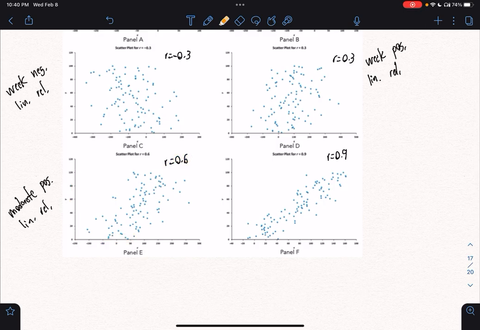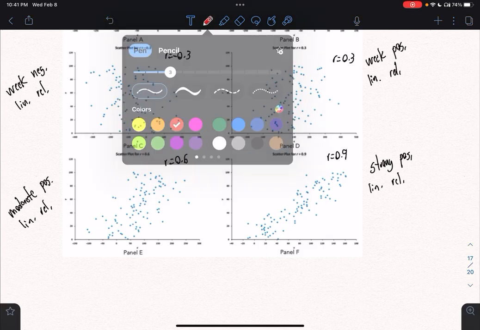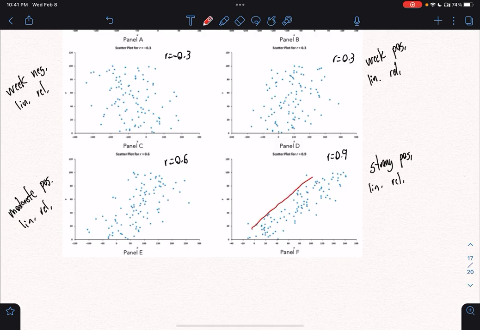And then even more extreme, we're seeing as x increases, y increases. And we get a correlation value of positive 0.9, which is close to 1. So we would call this a strong positive linear relationship. And notice how with these stronger correlations, the data are more clustered here, as opposed to over here, it's a bigger circle.